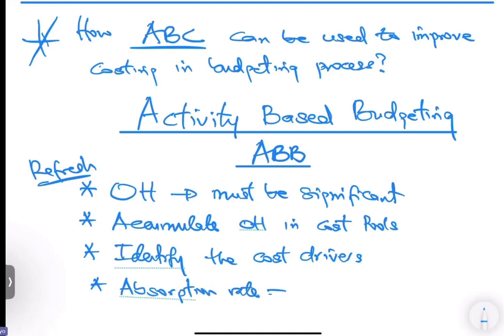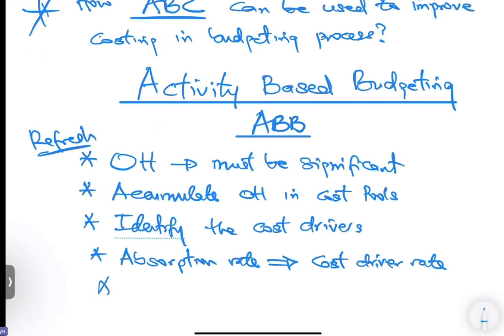But in ABC, we'll call it the cost driver rate. Then you can absorb using that rate. So you absorb those overheads you have in the cost pool based on the rate that you have calculated. That is your approach for ABC.